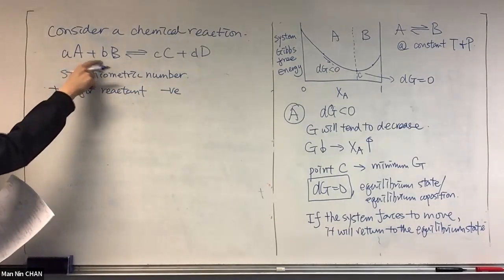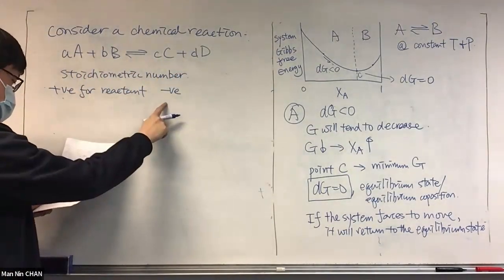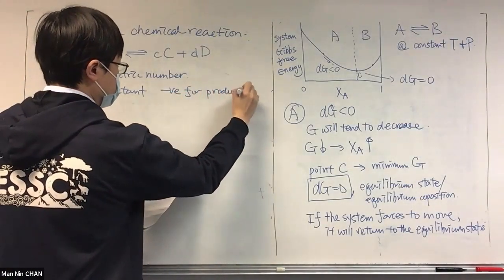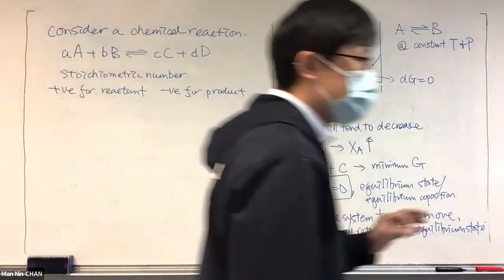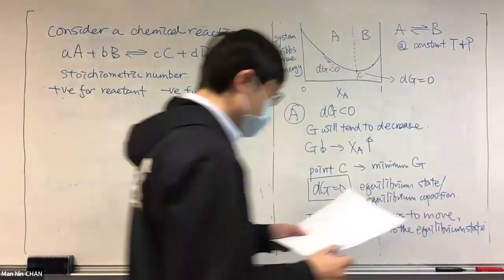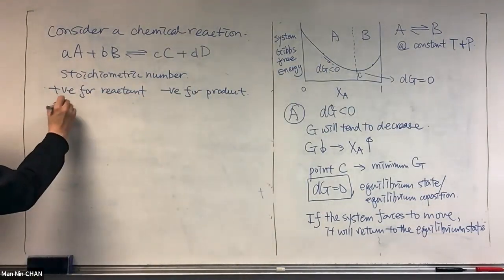That means this is the stoichiometric coefficient number. So we also consider a more general chemical reaction in this case, and now we can analyze this reaction using the Gibbs energy of our system.